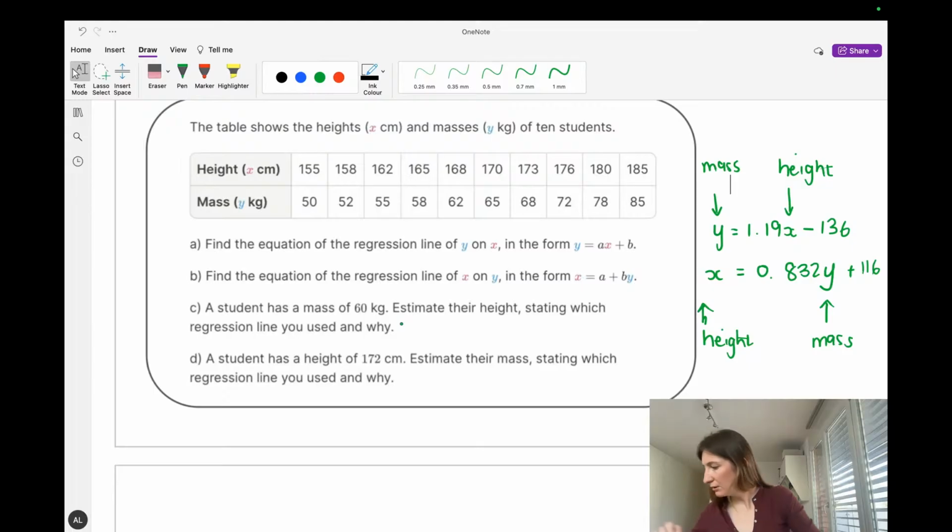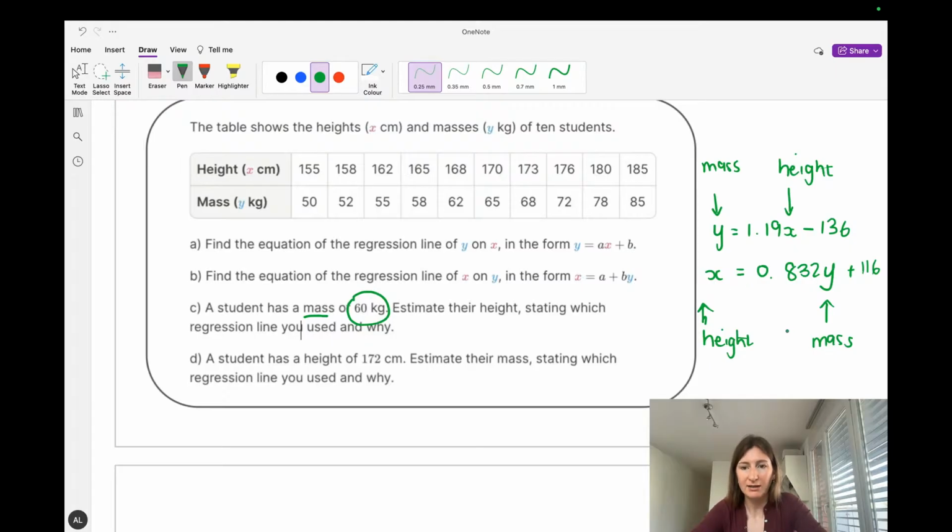Any questions? No. Okay, so a student has a mass of 60 kgs. So let's look at where we're going to input mass. If I want to input mass, well, it's not this one. It's not my y on x, because that's inputting height to get mass. If I want to input that, I'm going to need to use my x on y.